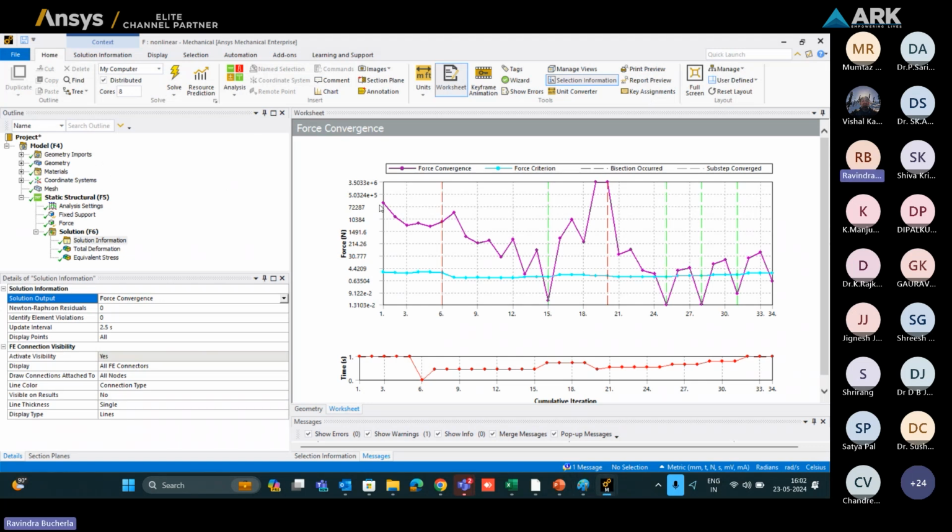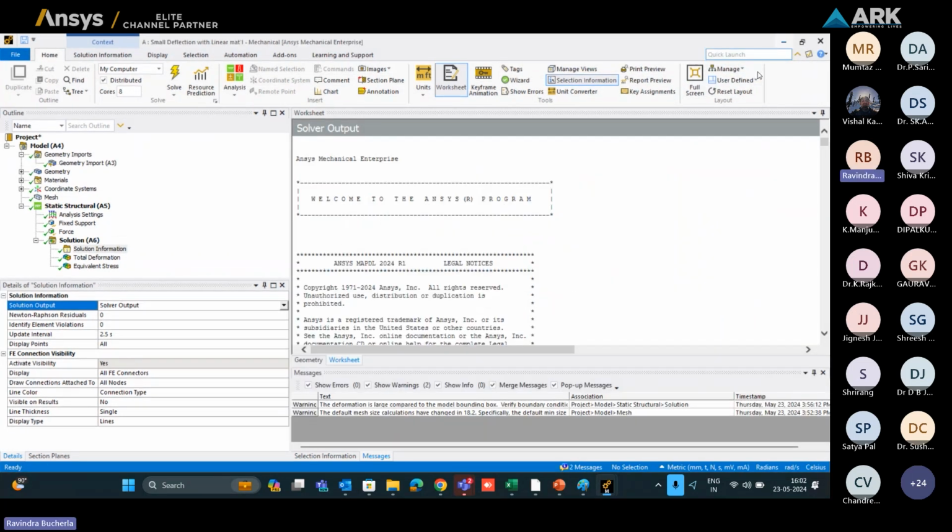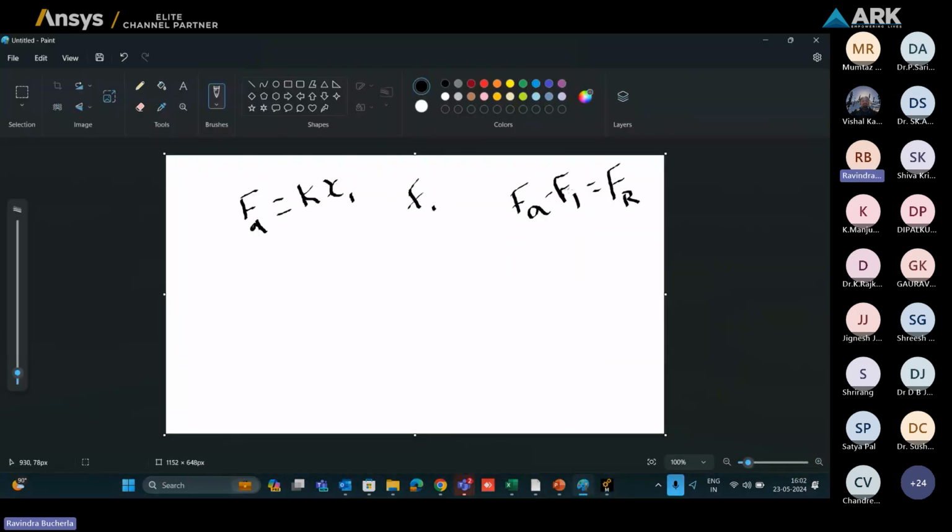And you can see force criteria. So force criteria is this value. In order to converge the problem, it is supposed to be 0, Fa equal to F1, but this is not possible. So that is why we take some criteria, the force criteria.